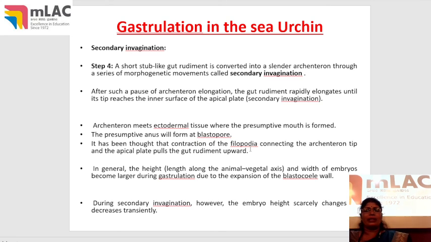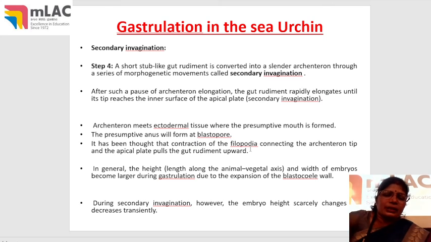This area will become the presumptive mouth, where the archenteron meets the ectodermal tissue. In future this part will become the mouth of the larva. The blastopore, at the opposite end, will form the anus.